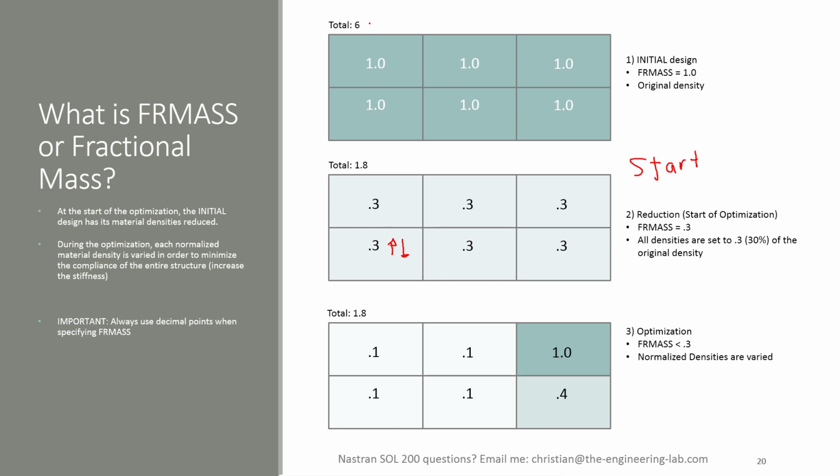So if the original design had 6 units of mass and the starting topology had 1.8 units of mass, you see by the end, here I'll say final, although there are different normalized densities here, since we said that the FR mass should be less than 0.3, it's augmented the density such that you preserve this constraint. And here by the end, you still have a total mass of 1.8 units of mass. So that's what fractional mass is.